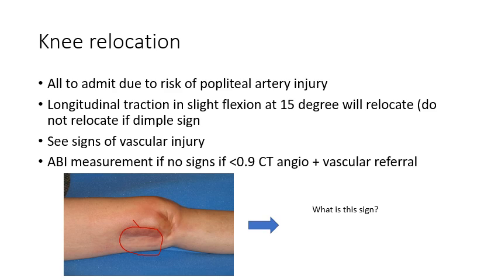If there is a knee dislocation with this sign on the knee, this is known as dimple sign. This means that your medial condyle has penetrated through the medial capsule and has stuck over there. So it is unlikely that you can relocate this dislocation. This needs an orthopedic referral.